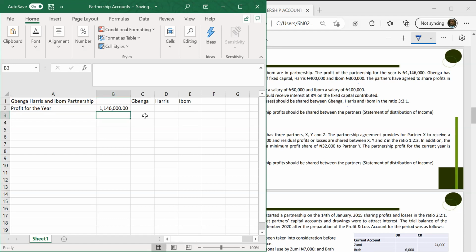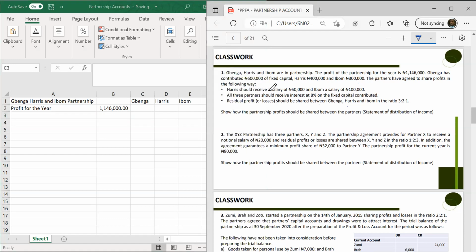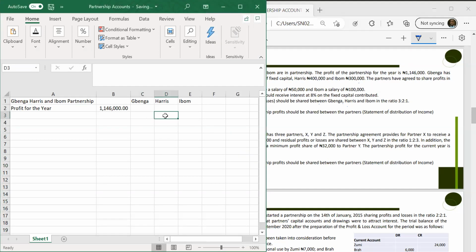Before we start sharing, we said we are going to remove salaries. Harris should receive a salary of 50,000 naira and Ibom should receive a salary of what? 100,000. So partner's salary.